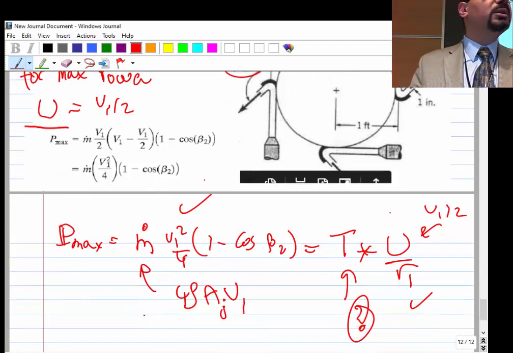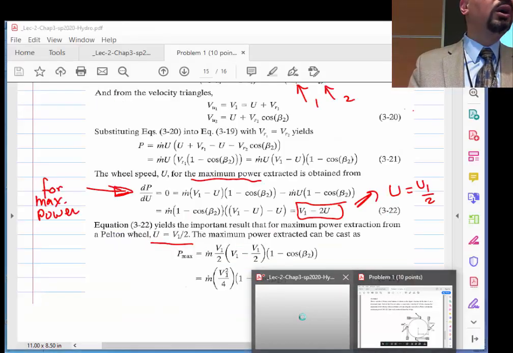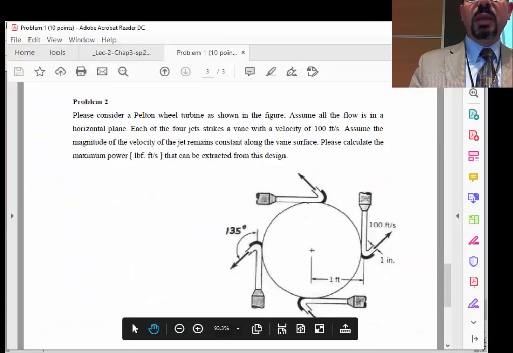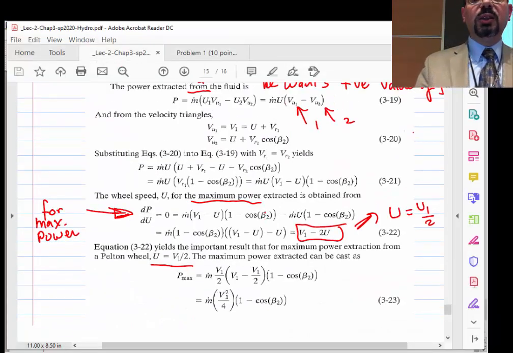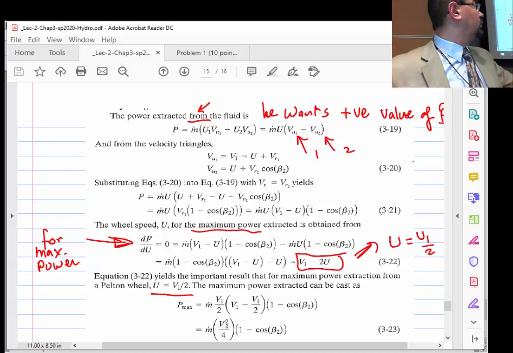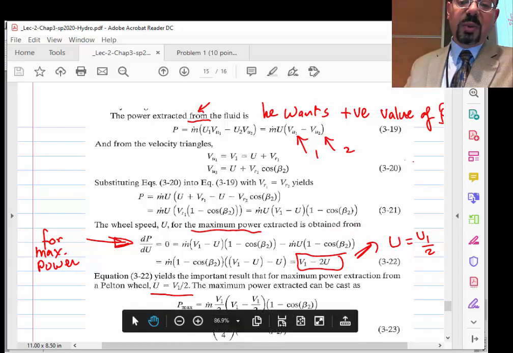I'm not going to be able to get it from this equation, because I put U equals 0 here. This is the maximum power. This equation is done for U equal V1 over 2. So if I want the maximum torque, I need to go a little bit up, before I do the differentiation, and this is the equation that I should copy for maximum torque.